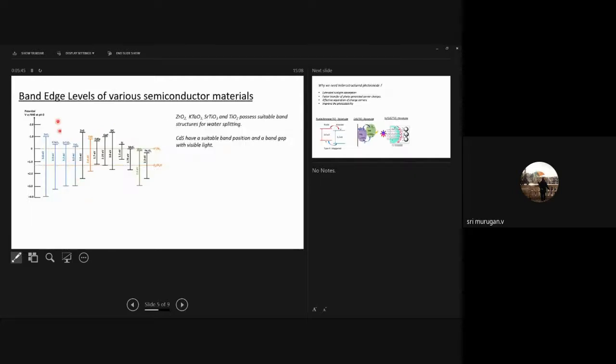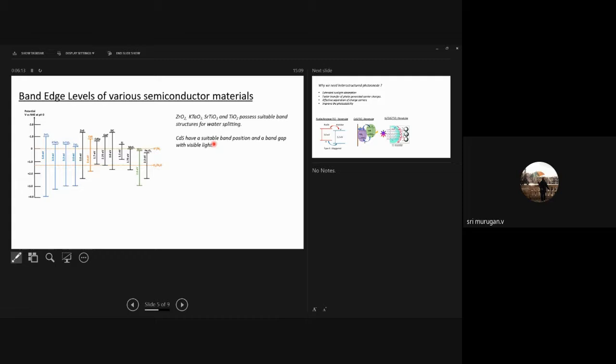Based on the literature survey, there are several semiconductor materials you can use as a photoanode. Among them, the most suitable are TiO2 and zirconia oxide. Very few materials are very suitable for water splitting. Another one is CdS.